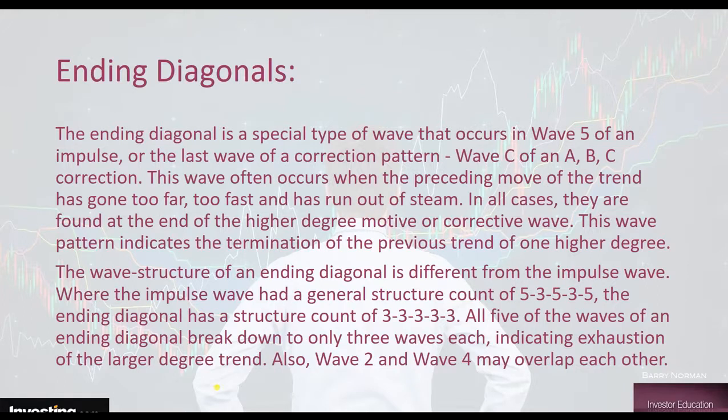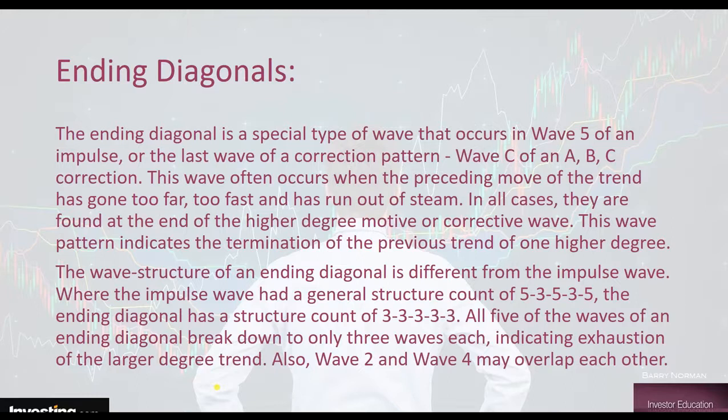The wave structure of the ending diagonal is different from the impulse wave, where the impulse wave had a general structure of 5, 3, 5, 3, 5. In other words, wave 1, wave 2, wave 3, wave 4, wave 5, A, B, C, then 1, 2, 3, 4, 5, A, B, C. The ending diagonal for this structure counts as a 3, 3, 3, 3, 3.